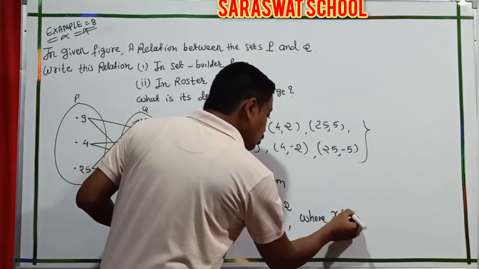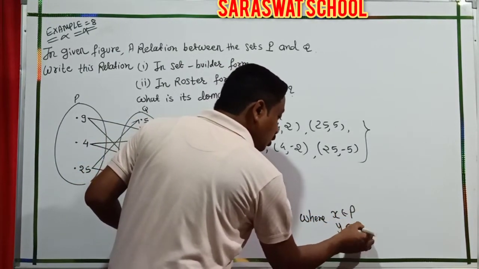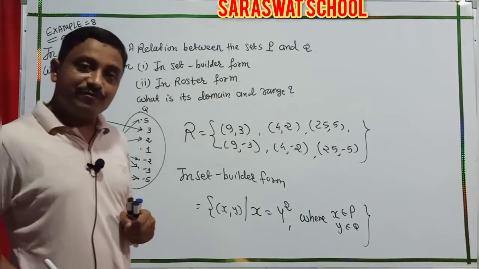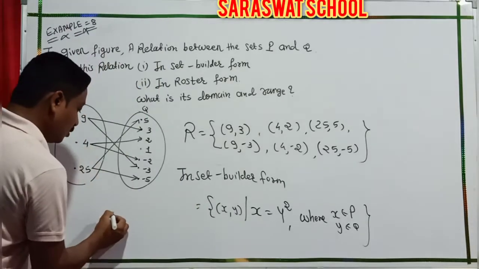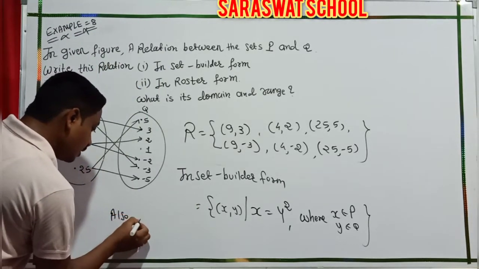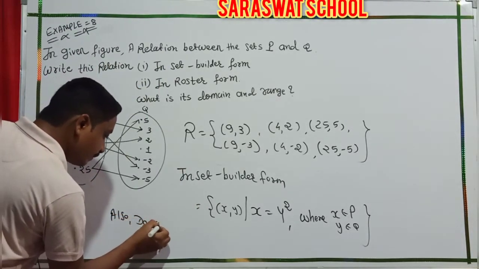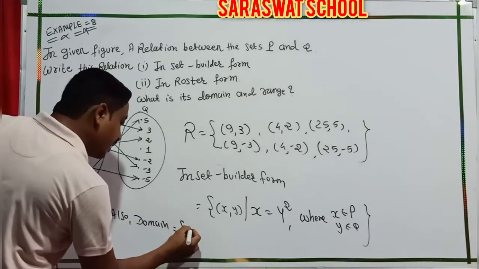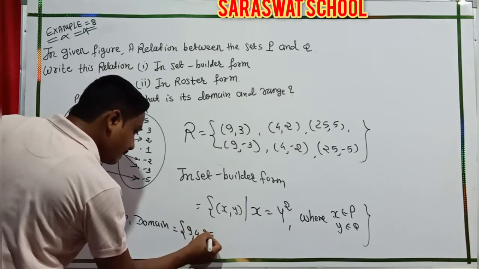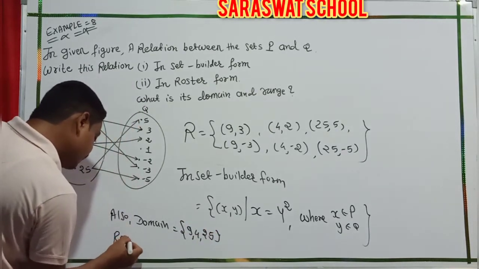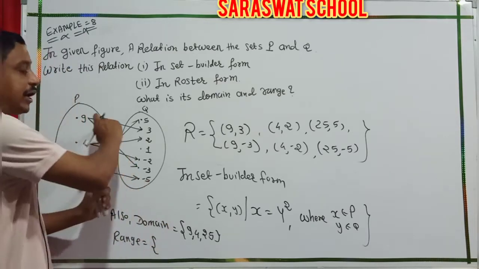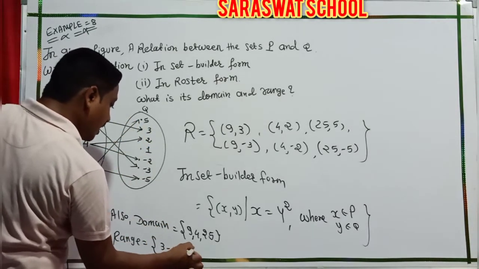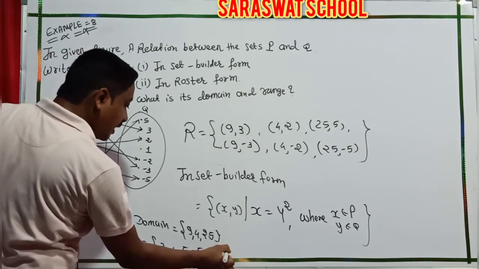Here x is put to the P set and y is put to Q. Those are the values for our set builder form. Now lastly, also its domain. Students, these are the domain: 9, 4, 25. And what is the range? Range is covered in your arrow diagram with 3, -3, 5, -5 and 2, -2.